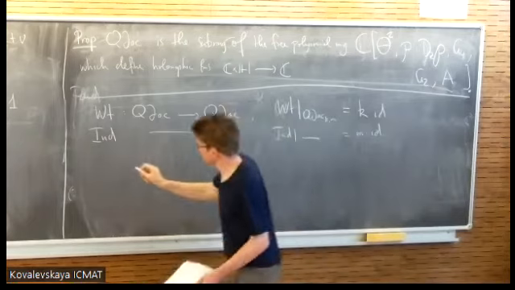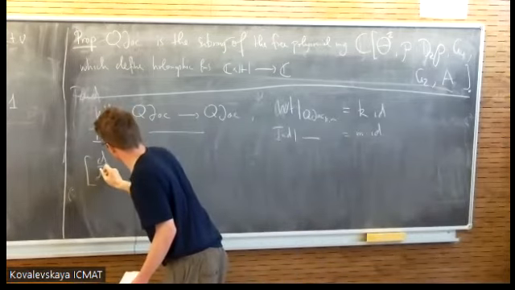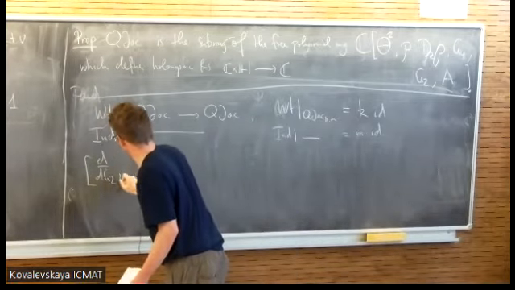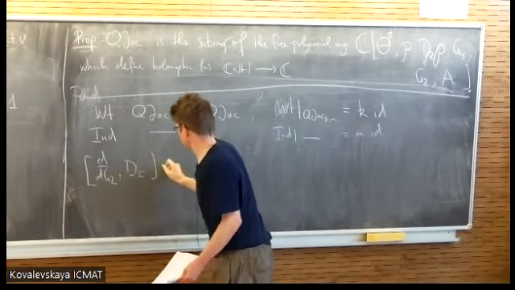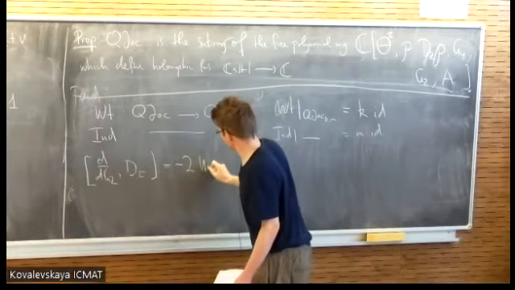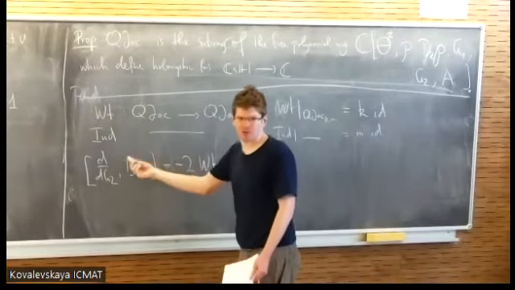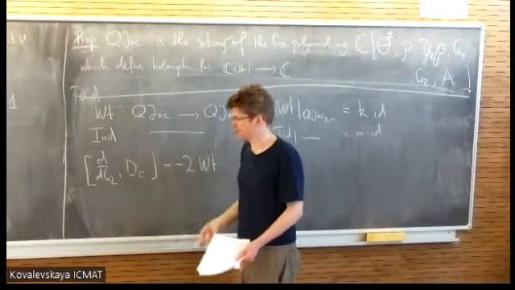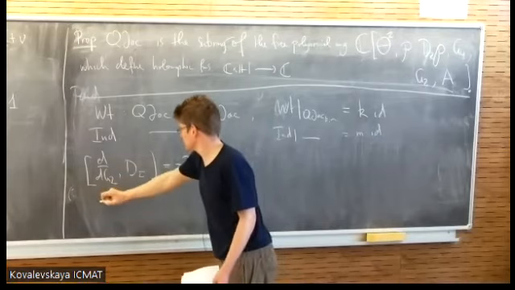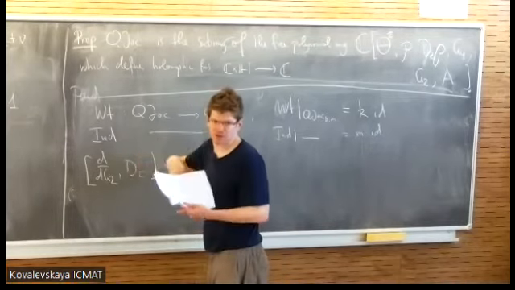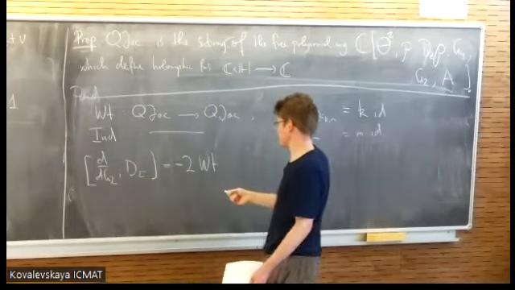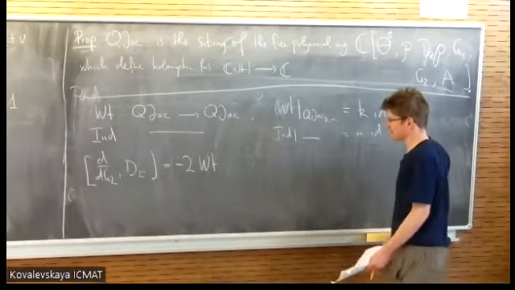And then you have these relationships with d over dG2 and d tau, to minus 2 times the weight. That is exactly the same relationship as for quasi-modular forms, where you get an SL2 action. So d tau, d over dG2 together with the weight operator define your SL2 action on the algebra of quasi-modular forms. That's exactly the same here.